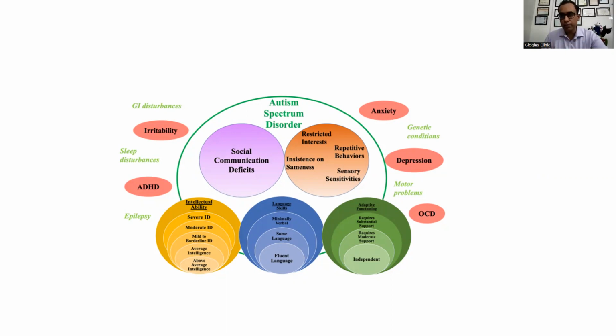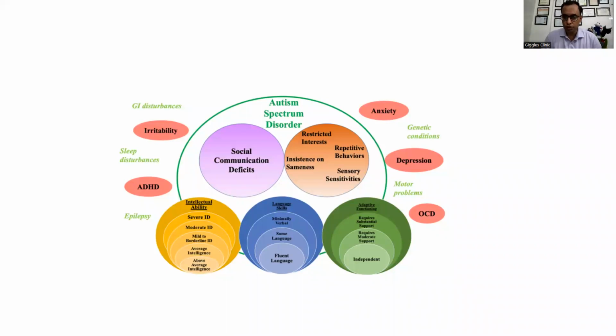So this diagram I have specifically taken because these were the old schools of thought, where they were not able to make the differentiation between social communication or other disorders which we have discussed on the previous slides. So all of them were coming under autism spectrum disorder. But now social communication disorder is a separate entity from autism spectrum disorder.